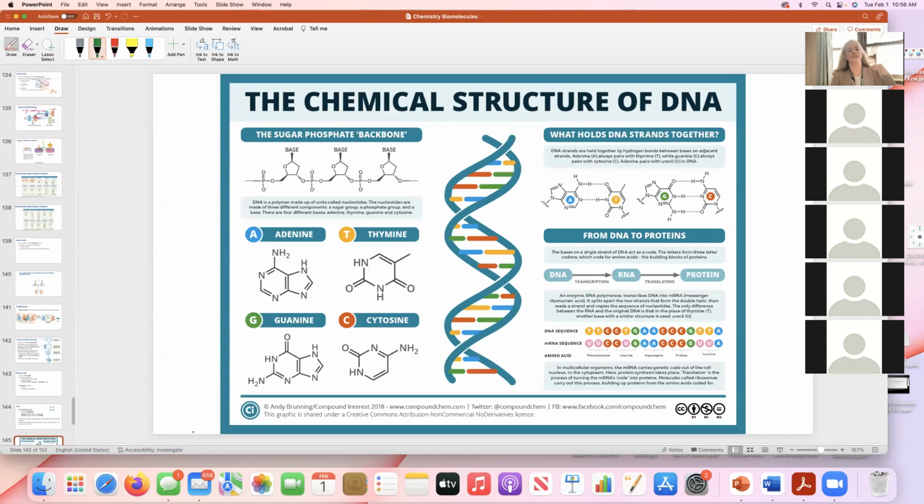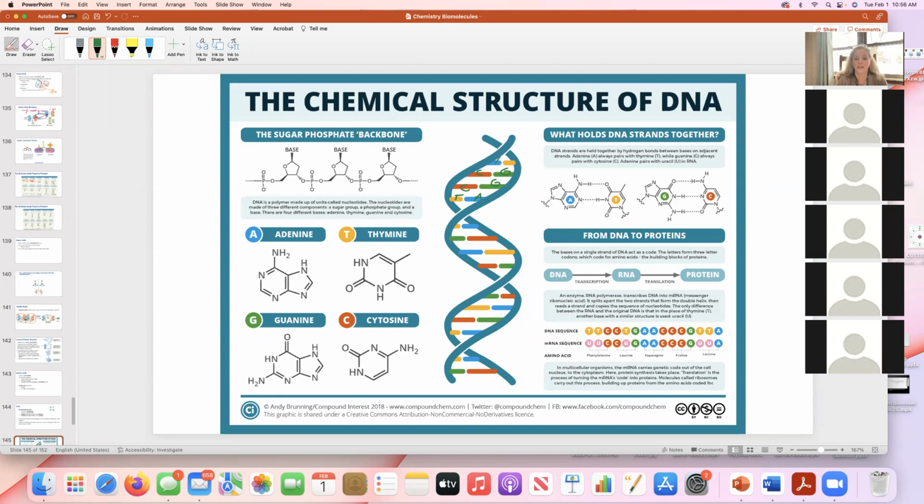All right, so here's the chemical structure of DNA. These are the base pairs going in here, one after the other. So we had a guanine here and a guanine here. Guanine only pairs with cytosine, so that's C and G. If this is thymine here, this is adenine over there, okay?